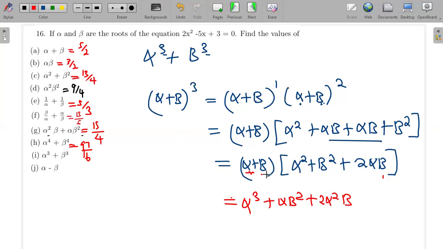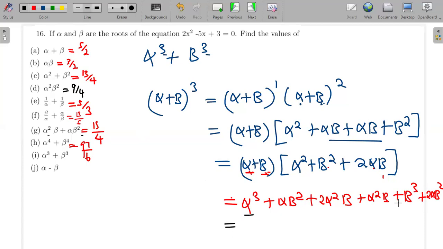And then now we start with the beta. Beta multiplied by this, I get plus alpha squared beta. Beta multiplied by this, I get plus beta to the power 3. Beta multiplied by that will be plus 2 alpha beta squared.